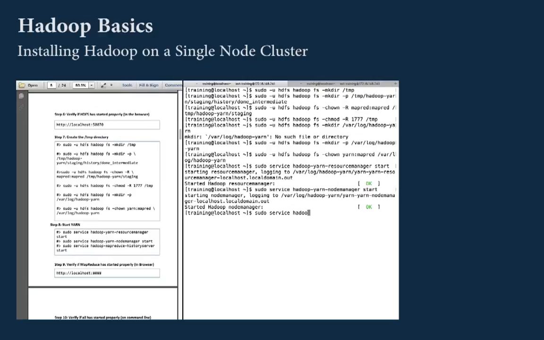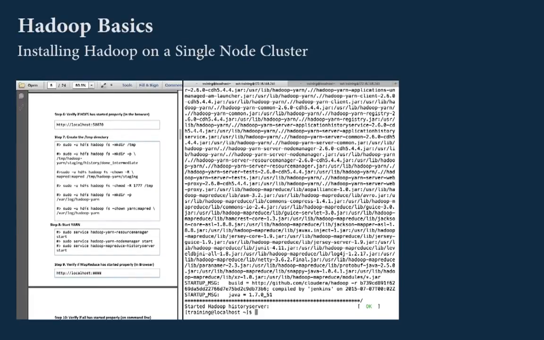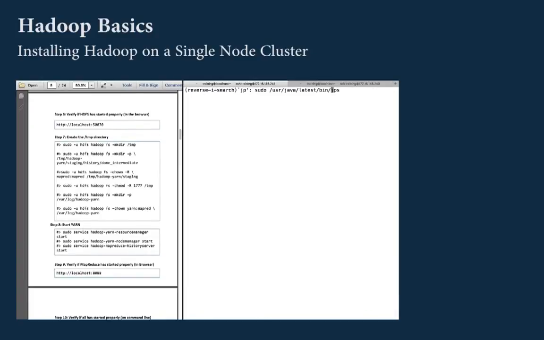And then we'll start the job history server. Once all the three services are started, let's verify that by running the jps command. And what you see is that resource manager is up, node manager is up, and job history server is up.